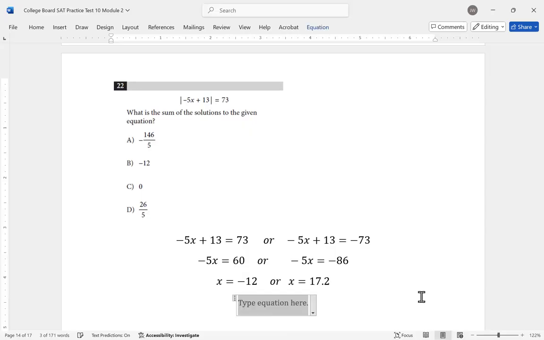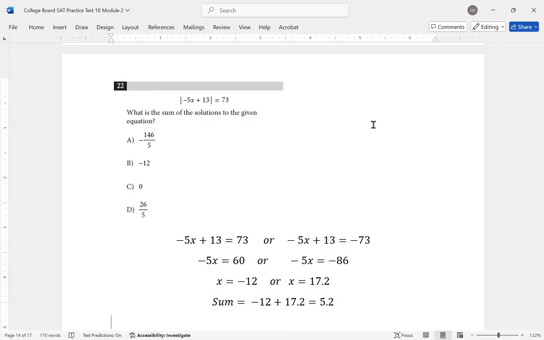Now, this asks me for the sum of the solutions. So the sum is going to be equal to negative 12 plus 17.2, which is equal to 5.2.